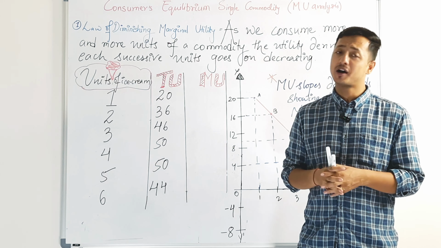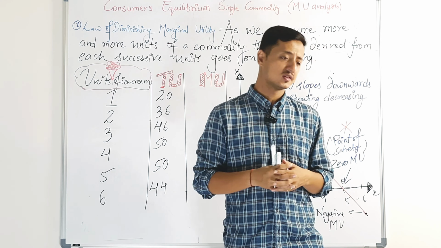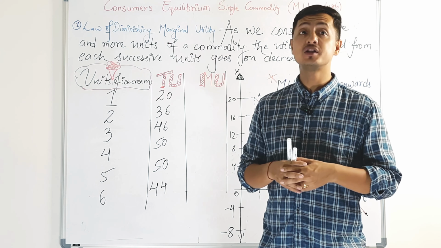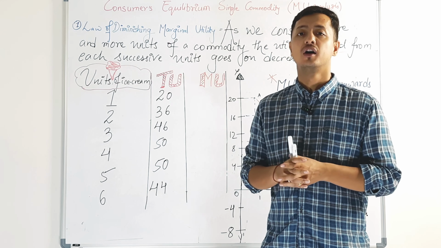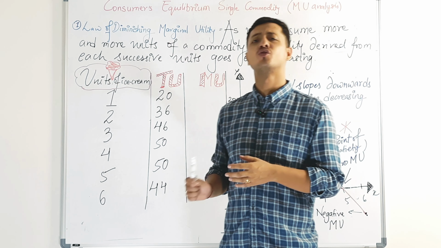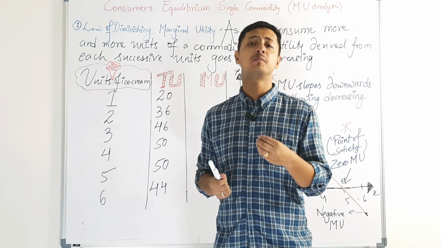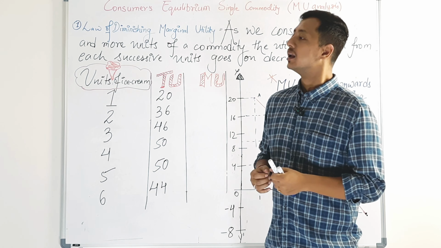The law of diminishing marginal utility is also known as the fundamental law of satisfaction and the fundamental psychological law. It depicts the normal psychology and normal behavior of people.